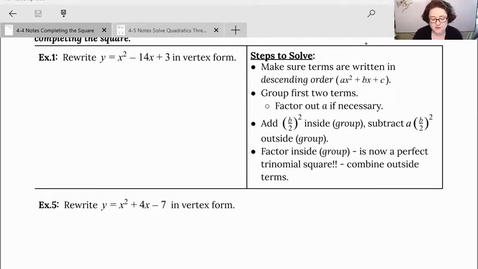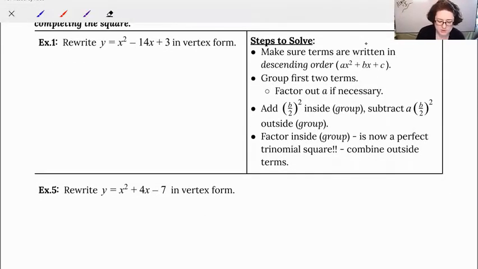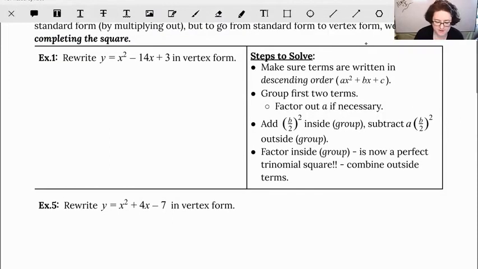The first thing we need to do is group our first two terms. So we want to consider the x^2 and the -14x. Now, the way this is set up, I can't necessarily factor this out, so I'm going to force this into a format where I have my perfect square trinomial, something like (x + 2) or (x + 4) that I can square out.